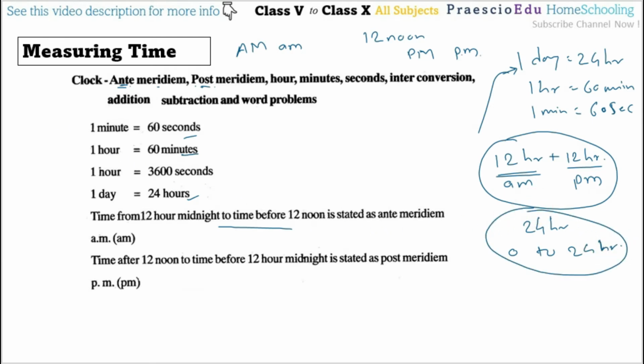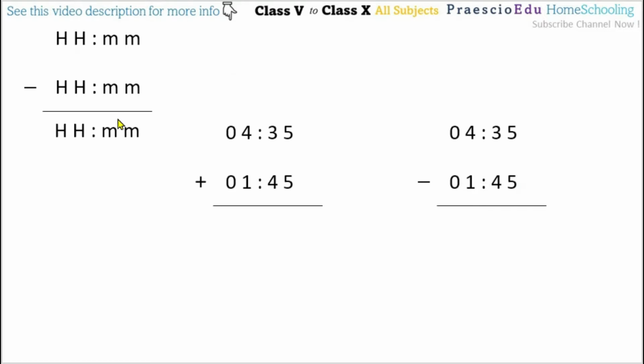Now we are going to see additions and subtractions. While doing addition and subtraction, always follow this format: minutes are separated and hours are separated, with these symbols we use to show the timing. Hours come first and then minutes.